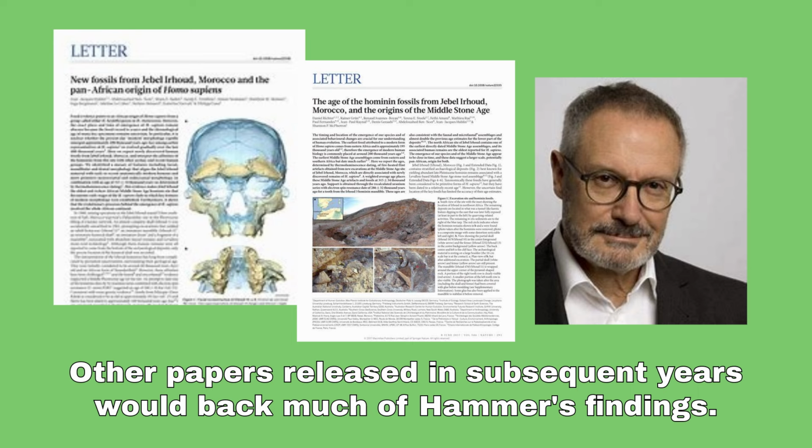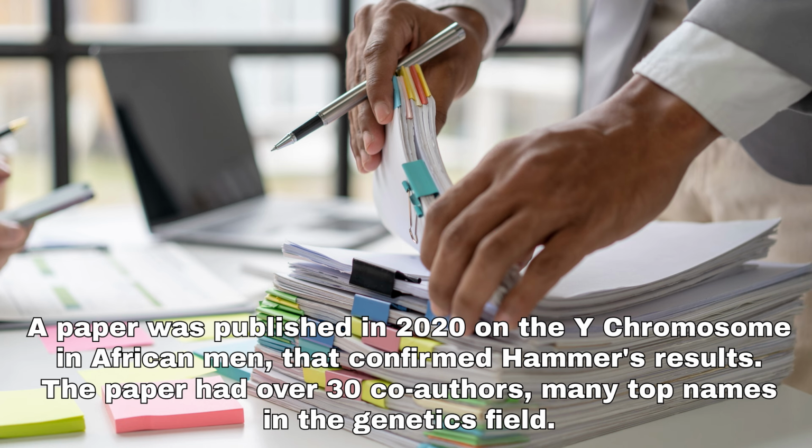Other papers released in subsequent years would back much of Hammer's findings. A paper was published in 2020 on the Y chromosome in African men that confirmed Hammer's results. The paper had over 30 co-authors, many top names in the field of genetics.